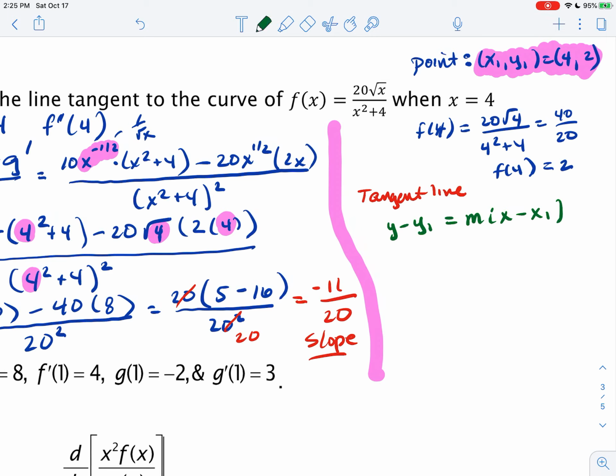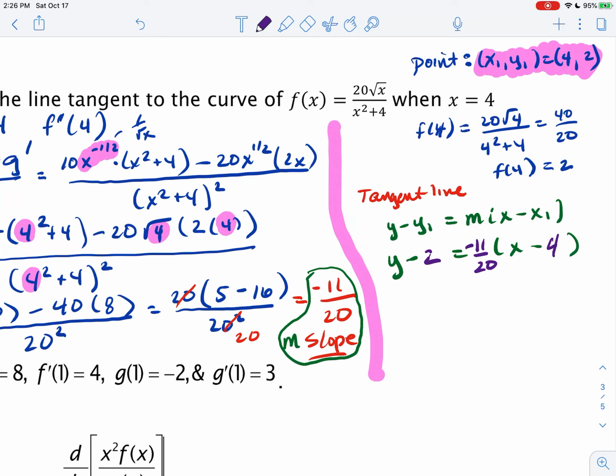We have our slope m is negative 11/20. And all we have to do is plug them in. And so I plug in my y1, which is 2. I plug in my x1, which is 4. And I plug in my slope, which is minus 11 over 20. So that is your equation in point slope form.